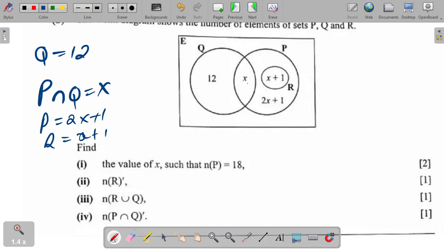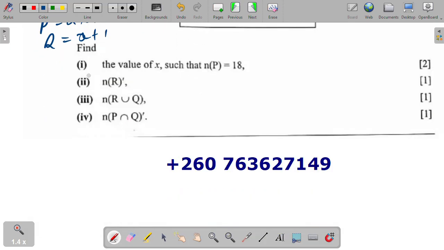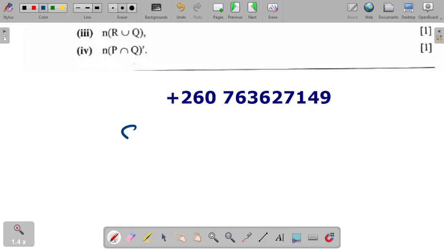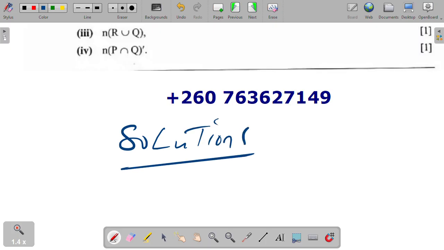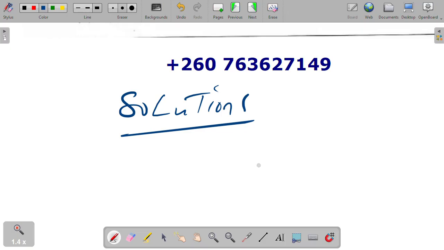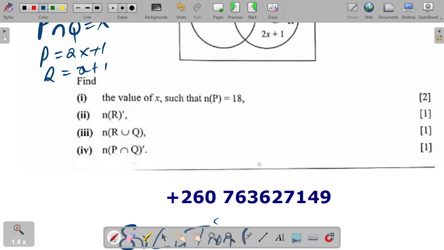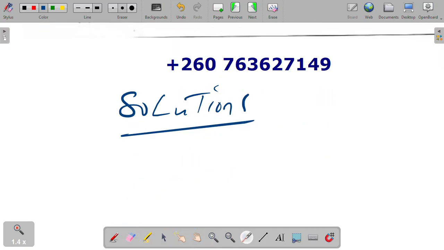I'll solve it from this part, solutions. We'll be going back and forth, up and down. The first question says: find the value of x such that the number of elements in P is equal to 18. So for you to find the value of x, let me write here.